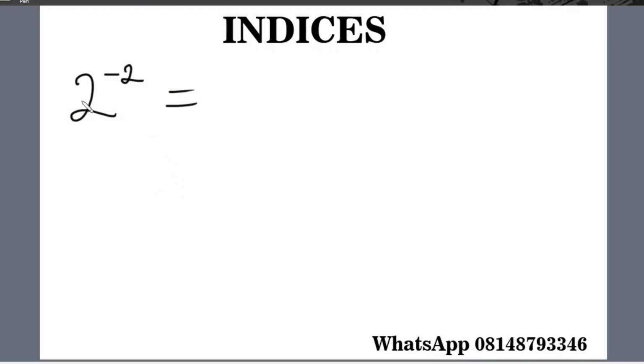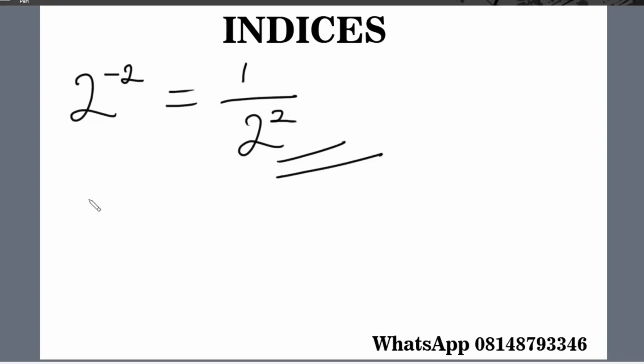Now the inverse of 2, because 2 here is the base, is 1 over 2. Now it will be equal to the reciprocal or the inverse of that base raised to the positive form of the power. We have here negative 2. So negative 2 becomes positive 2. So we have 1 over 2 raised to the power 2.